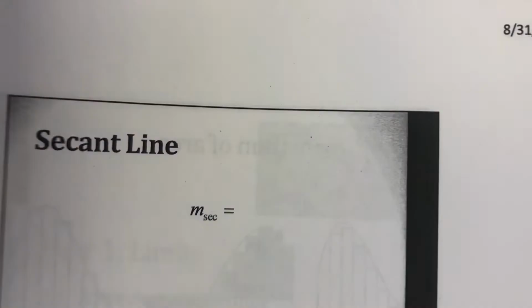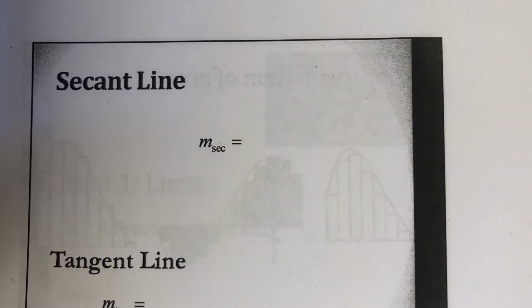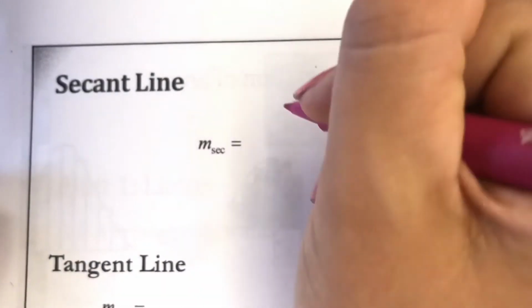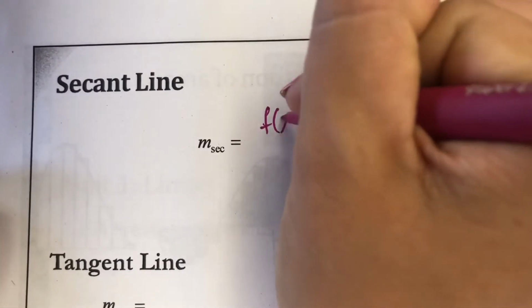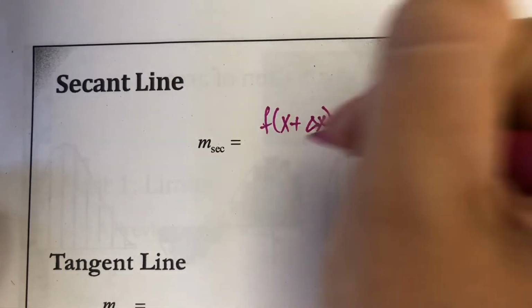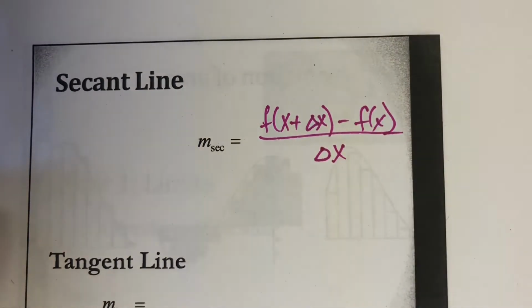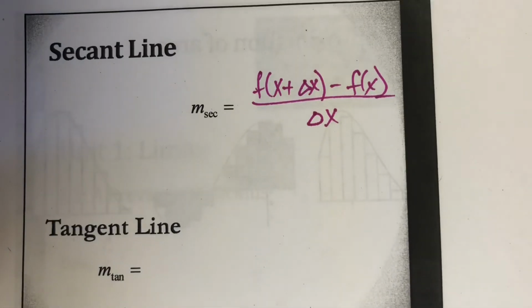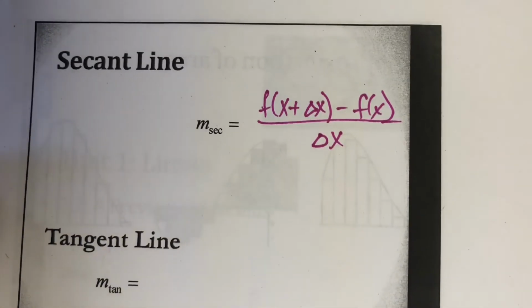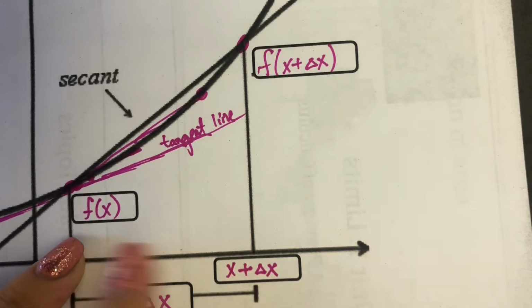So let's formalize this. I'm just going to recopy over here the slope of the secant line, which was f of x plus delta x minus f of x over delta x. Okay, just copying that over. So, for my 2 points to become 1, I want this distance, delta x, to approach 0.